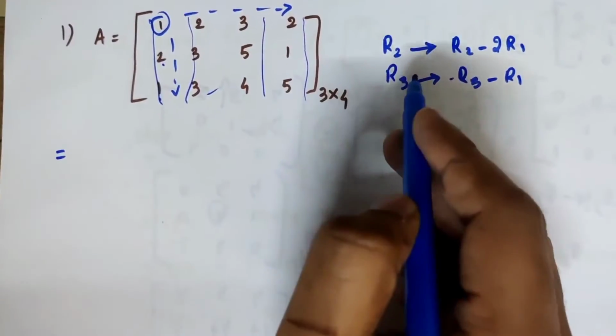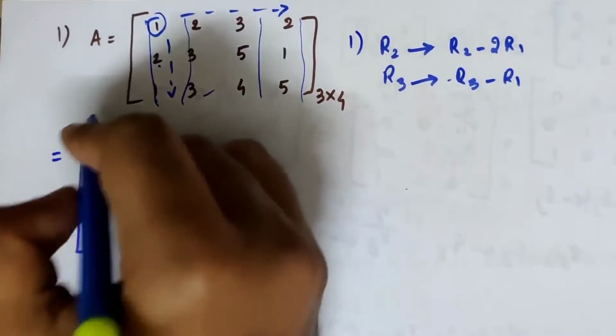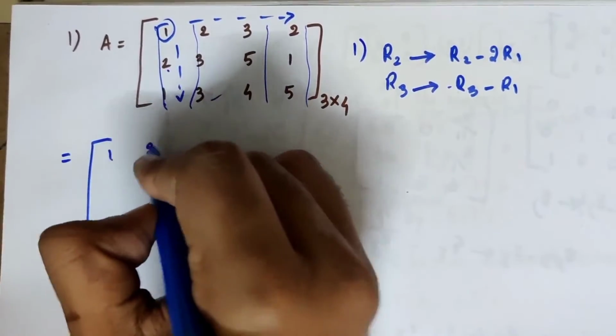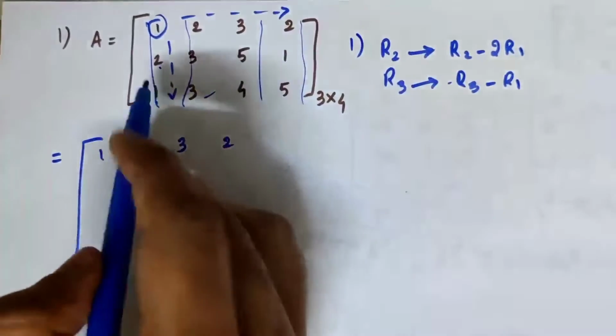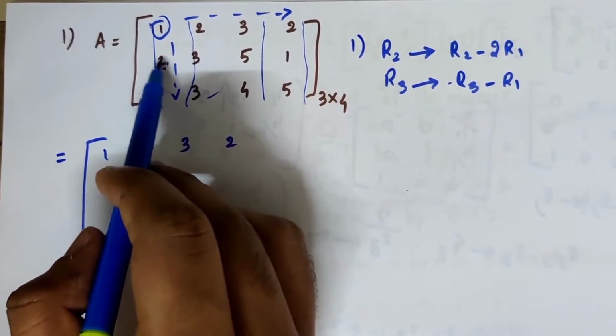After doing this elementary transformation, which is my first step, what am I going to get? The first row will be the same, 1 2 3 2. For the second row, this element becomes 0, R2 minus 2R1.